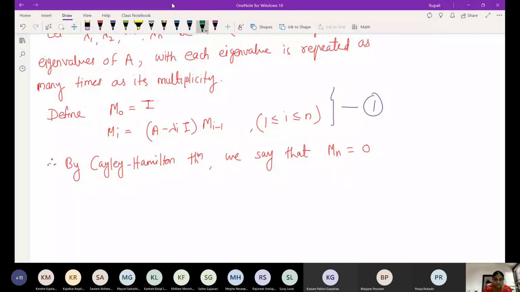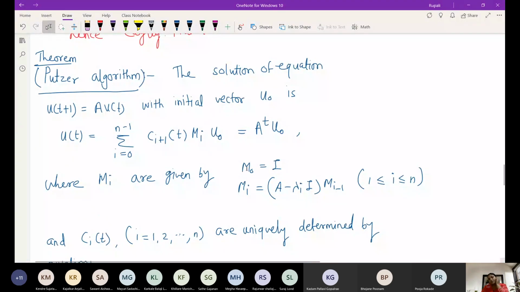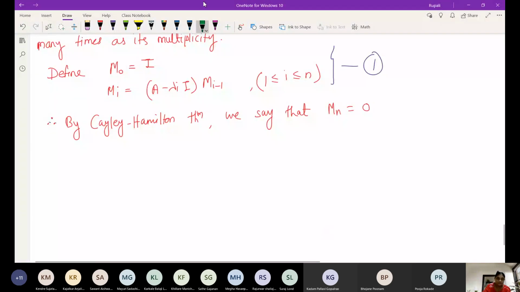What is Mn? I am defining M0 equal to identity and Mi equal to A minus lambda i I times Mi minus 1. So what is my Mn? It is (A minus lambda n I) times Mn minus 1.